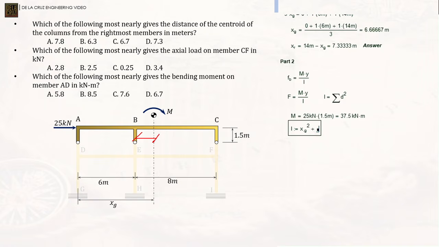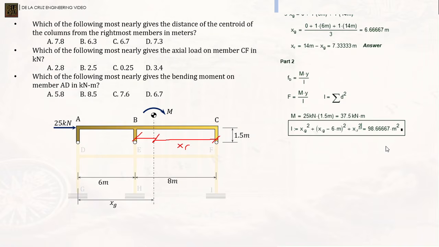And the distance of member CF to the neutral axis is our XR. Right? We solved that earlier. So, XG plus this distance, which is XG minus 6 meters, still squared. Plus the distance of CF to the neutral axis, that is our XR, which we calculated here, and that is squared.